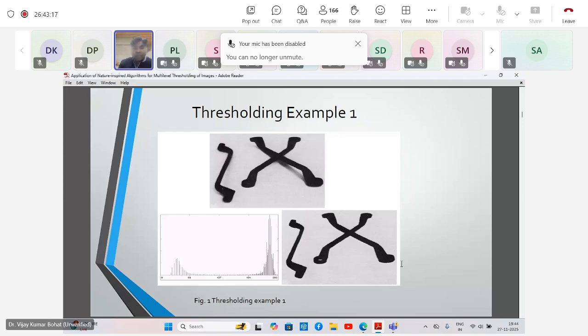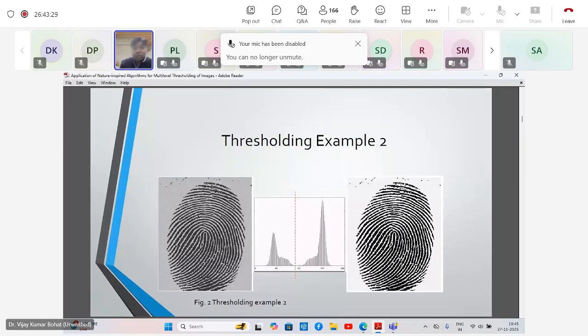So it's thresholding example 1. In this kind of histogram, the determination of the threshold value is very easy. Like in this example also, it's a figure of a thumb image. In the original image, there are some impurities or noises. But after thresholding, the image on the right hand side is almost clear.